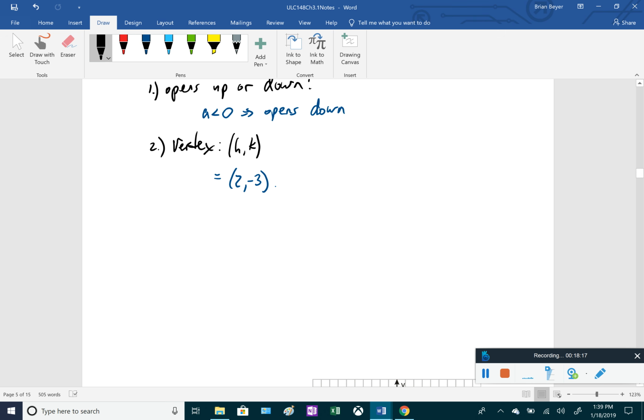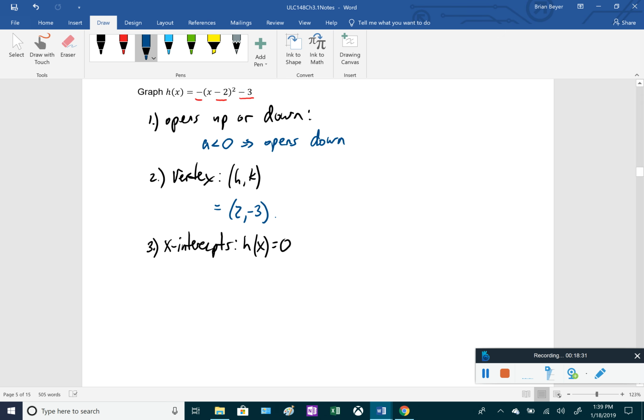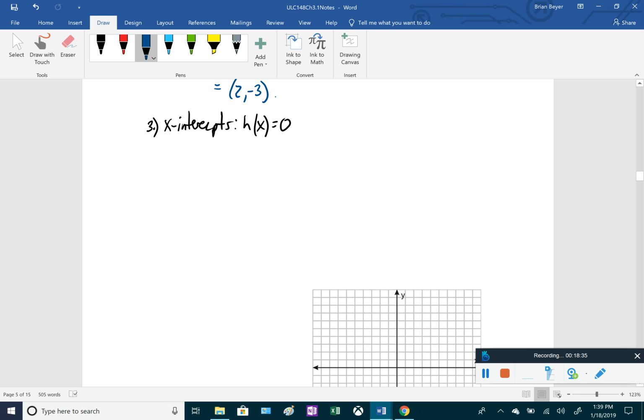And then next for the x-intercepts. So we're going to take the function, which was h of x this time, and we're going to set it equal to 0. So what was this function? Negative x minus 2 squared minus 3.